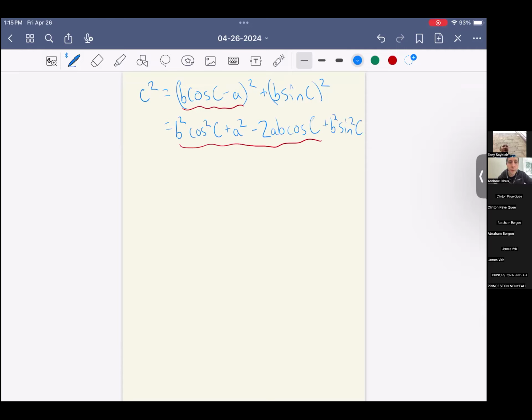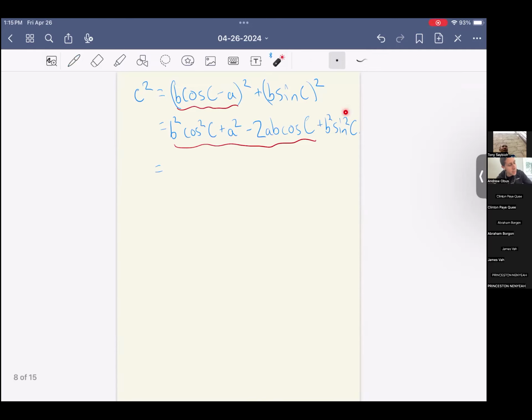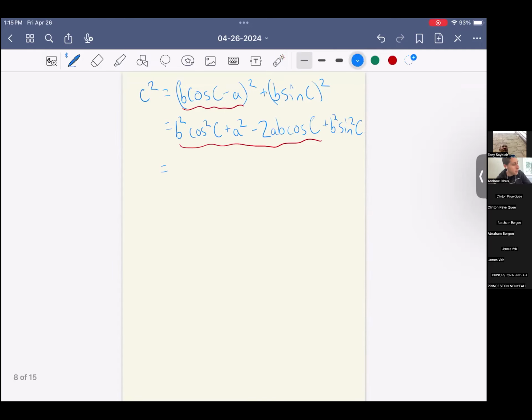Okay. But if we rewrite this, I have a b squared cosine squared C and a b squared sine squared C. So that's going to simplify. So we have b squared, and the b squared gets multiplied by cosine squared C and sine squared C, right? So it's b squared times (cosine squared C plus sine squared C).